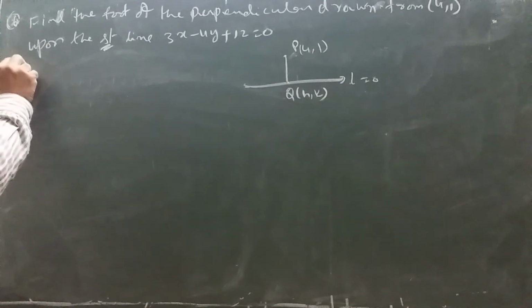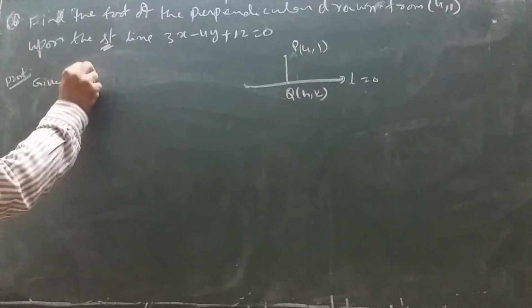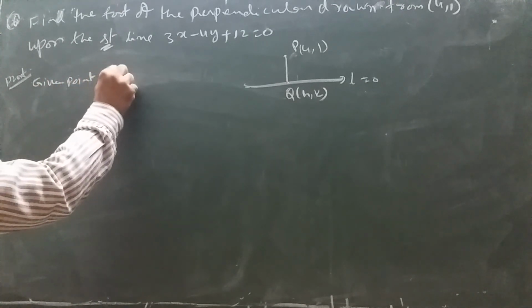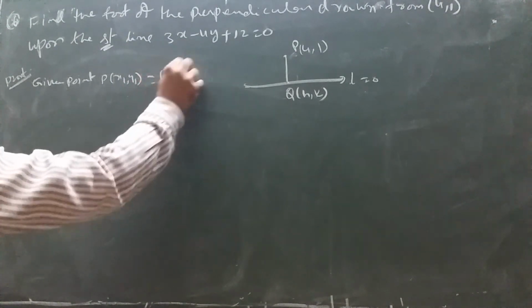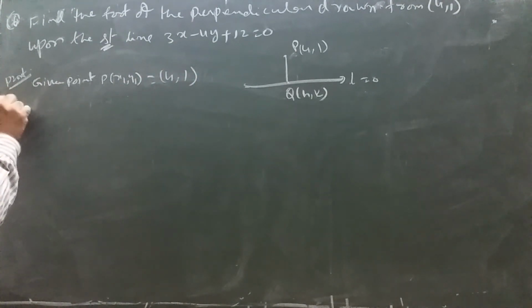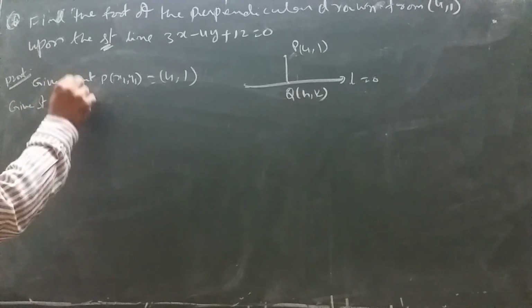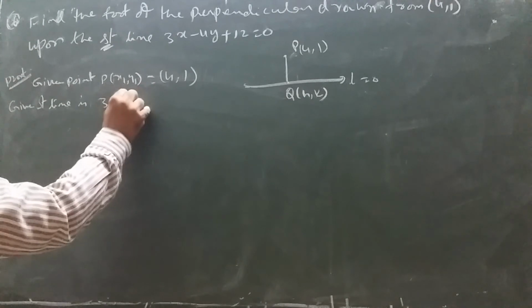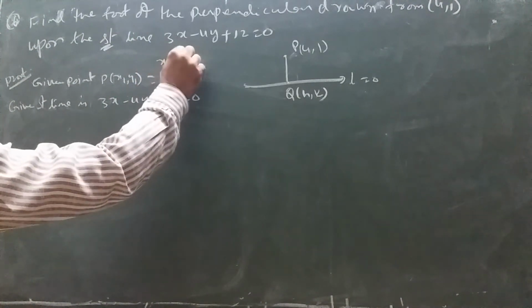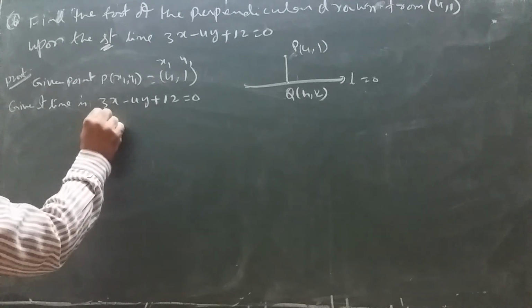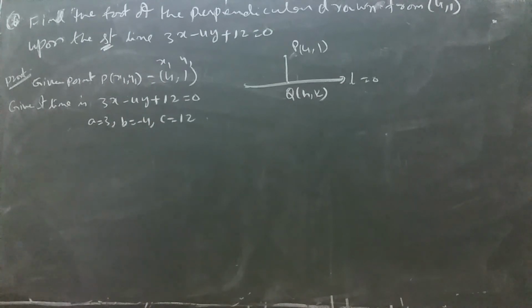Given point P x1 y1 is equal to 4, 1 and the given straight line is 3x minus 4y plus 12 is equal to 0. That means a is equal to 3, b is equal to minus 4, c is equal to 12.